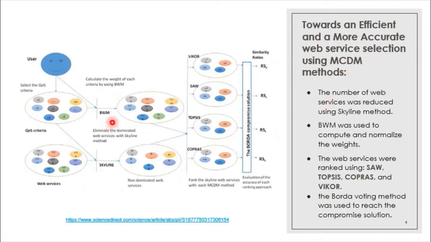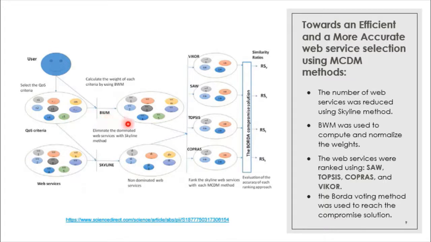The authors started off with a pool of QoS criteria which were chosen by the user. We had web services, and to eliminate the dominated web services, the authors used the skyline method to end up with a pool of non-dominated web services. To determine the weight of the chosen criteria, the authors used BWM, or best-worst method.